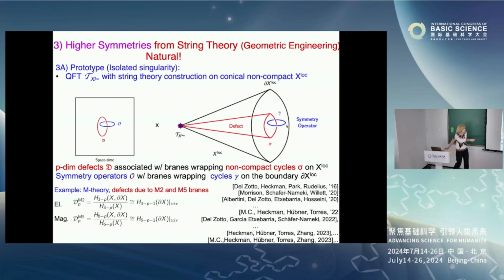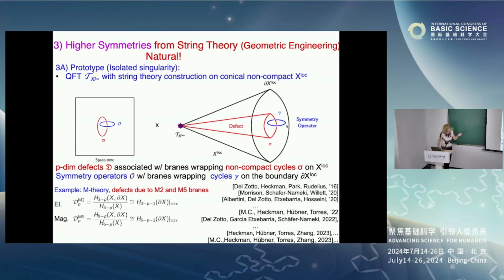And this can be quantified as determining the features of the resulting defect group in terms of the relative homologies associated with these non-compact cycles, and similarly the corresponding symmetry operators as the corresponding homology on the boundary itself.